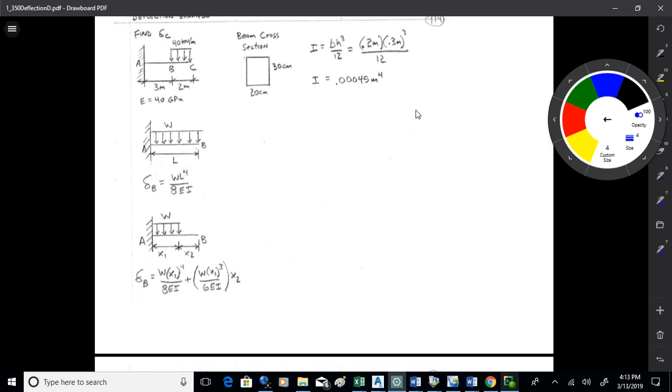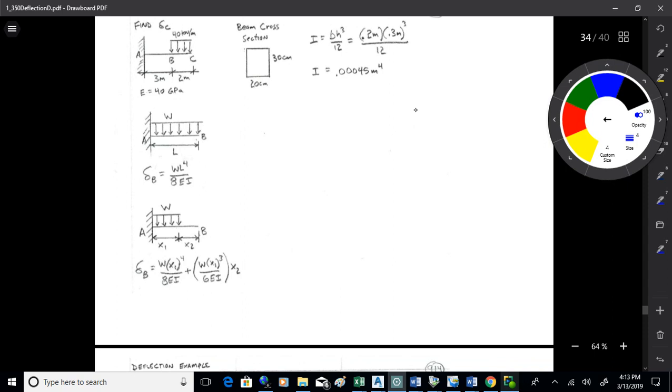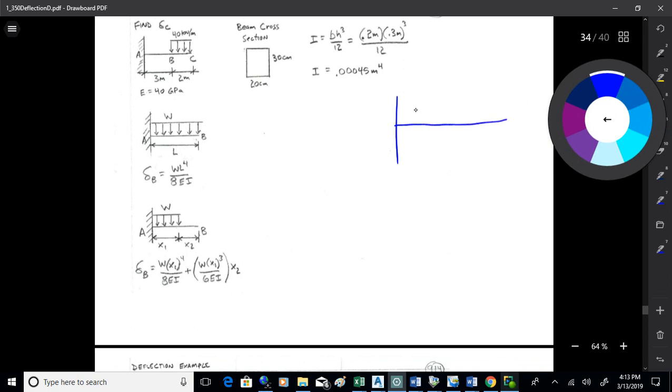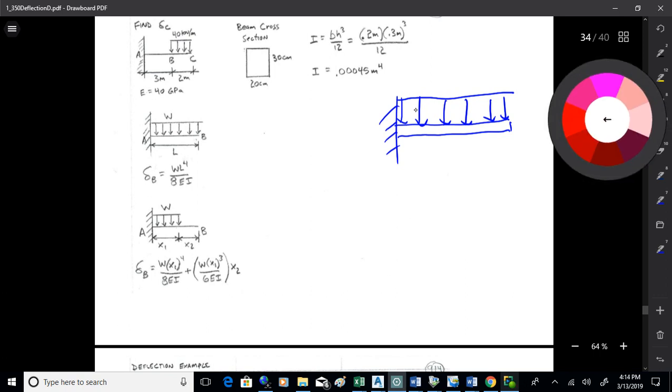Now, what I do see is one table that tells me what delta would be if I had a beam that was fully loaded for its length. So if I have a cantilever beam and I load that thing up, I have a table that will tell me what delta would be. Okay. Now, what I've also got is another table that will tell me what would happen here if I had a cantilever with only a partial load on it.